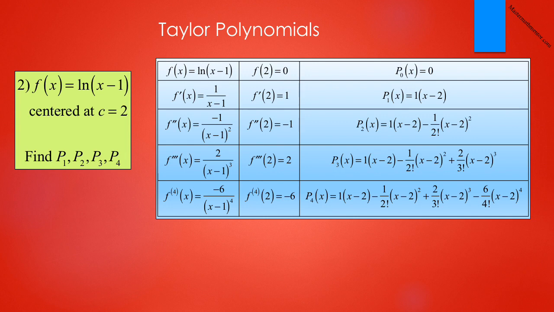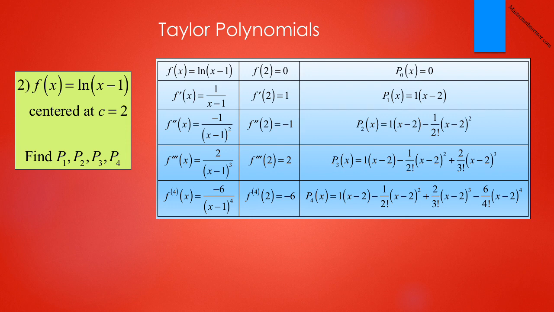At 2, the value of the second derivative is negative 1. So the second degree Taylor polynomial will be what we had before plus the new term, which will be negative 1 over 2 factorial times x minus 2 squared.